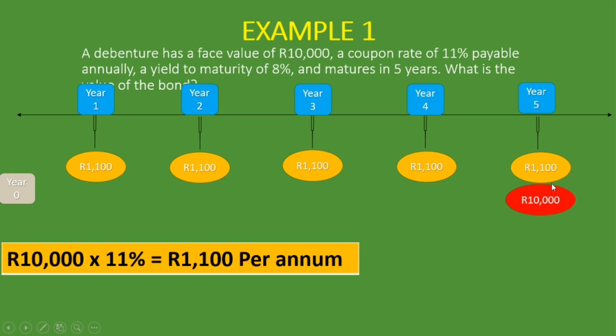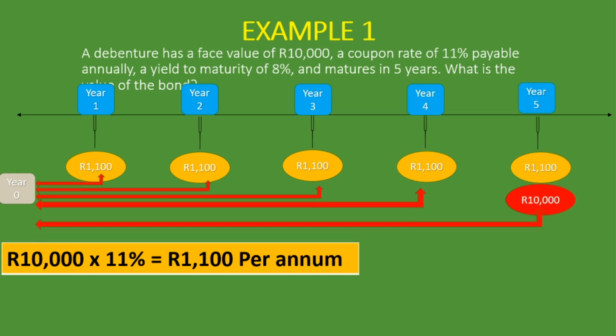But we need to discount to see what is its actual value today, because we know 1,100 in the future is worth less than it is today. So that's why we want to discount it to see what the present value is. So we want to discount all these cash flows to year zero, and that will give us what the market value or the present value of the debenture is.